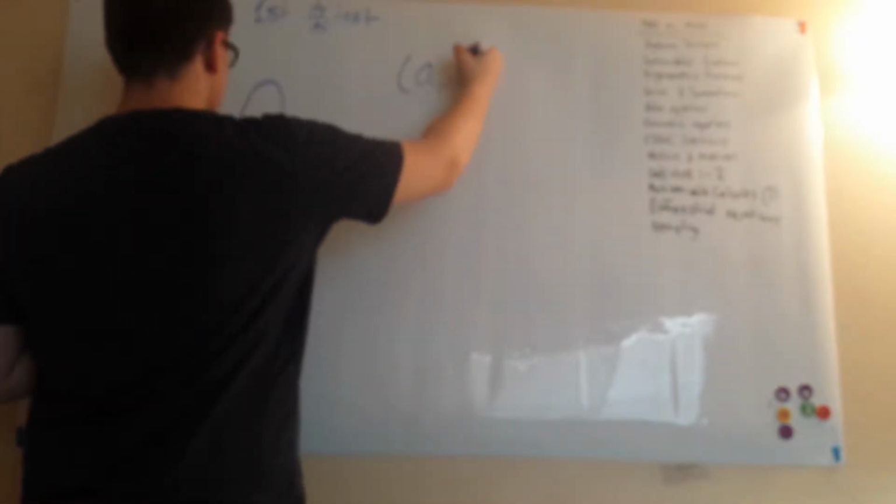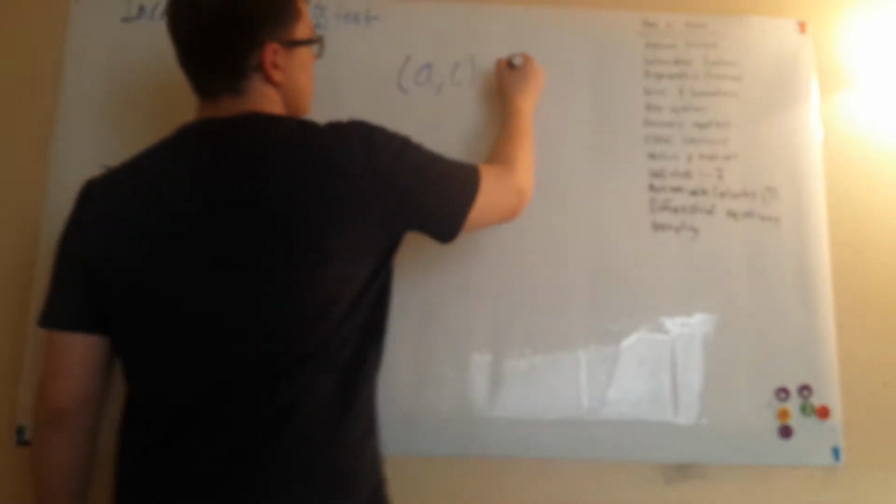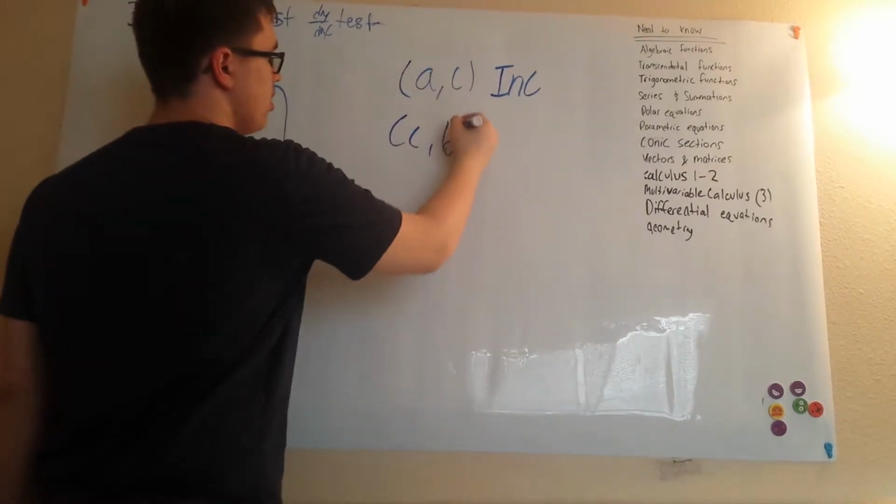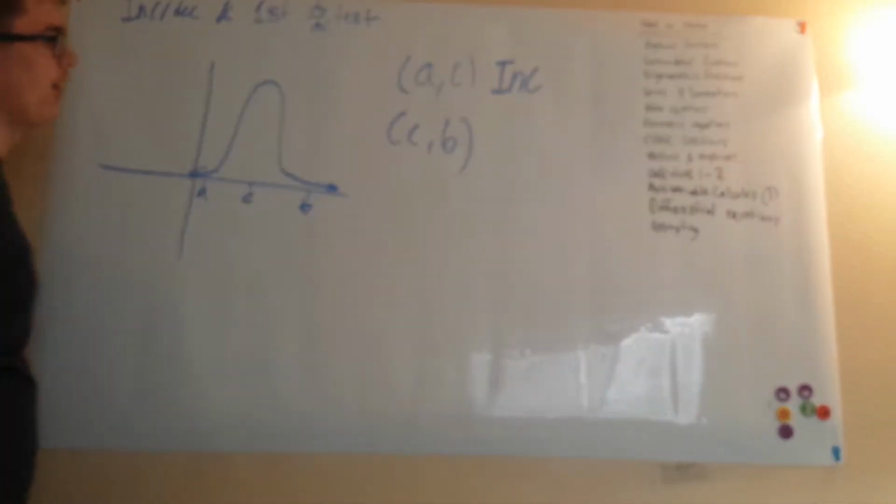So this is A and this is B. So let's talk about increasing and decreasing of our function. What is happening from A to C? I won't put brackets, I'll put open. Is it increasing or decreasing? It's increasing, right? So this is increasing. What's happening from C to B? It's decreasing.